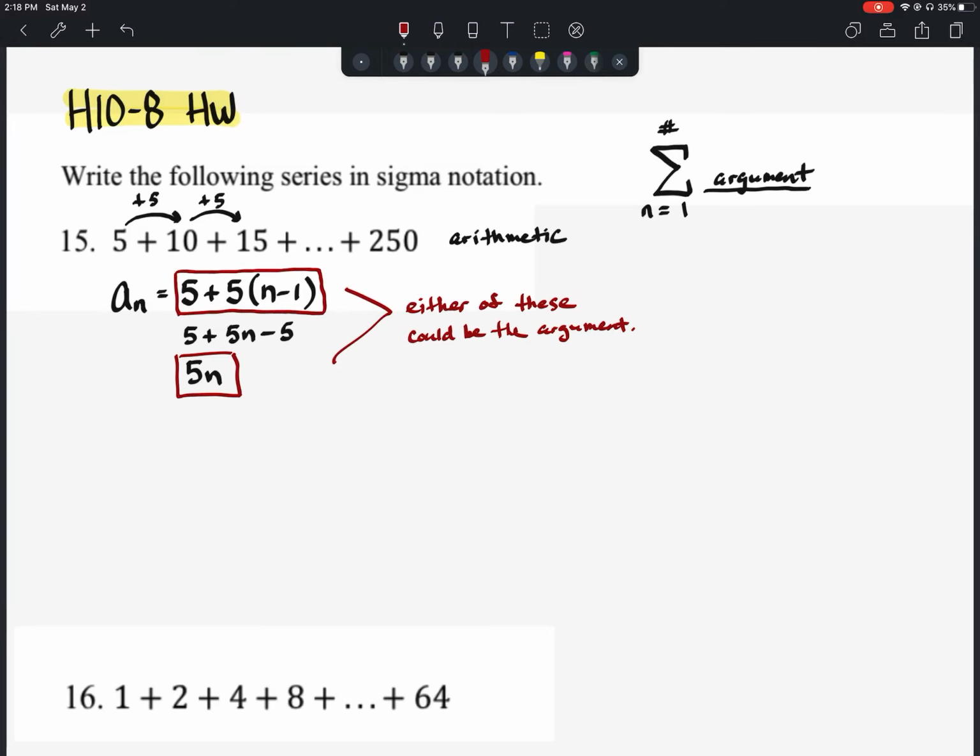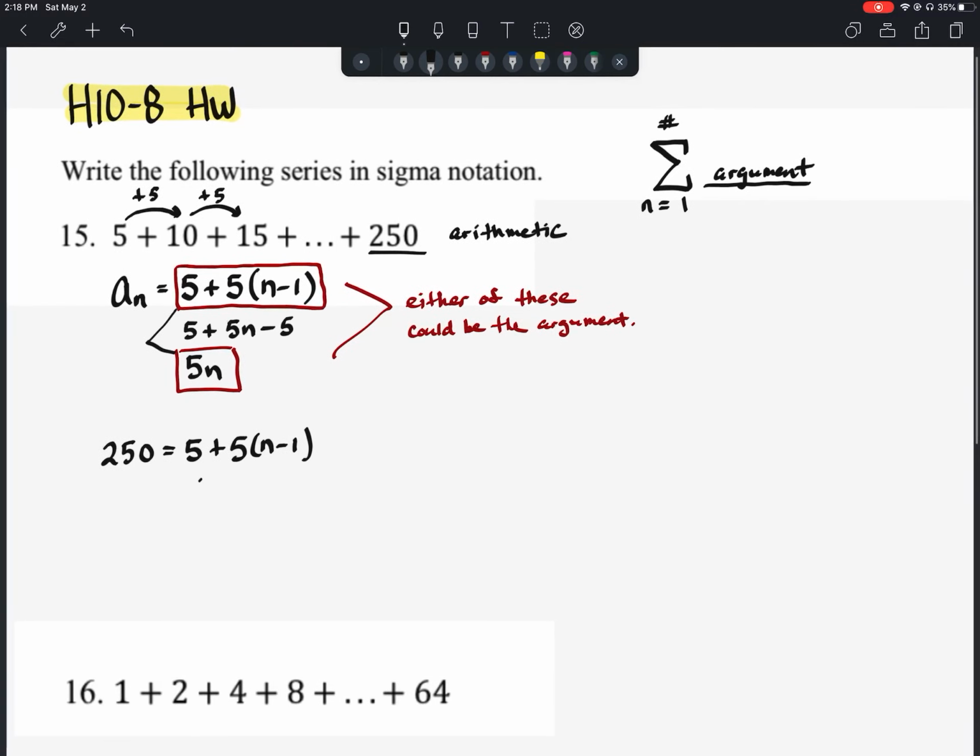Okay, now we need to figure out how many terms there are. So we're going to take this and let's use that 250 here. We're going to say 250 is equal to, and in this case you could use either one of these expressions to solve this as well. But we'll just use the one you're most comfortable with.